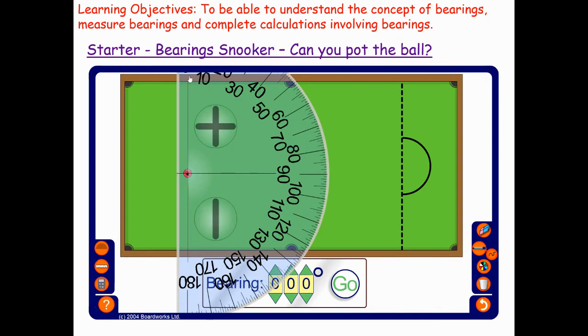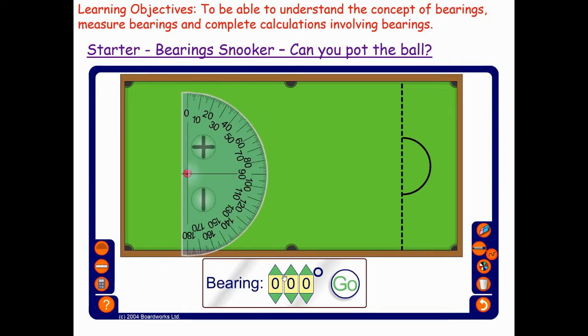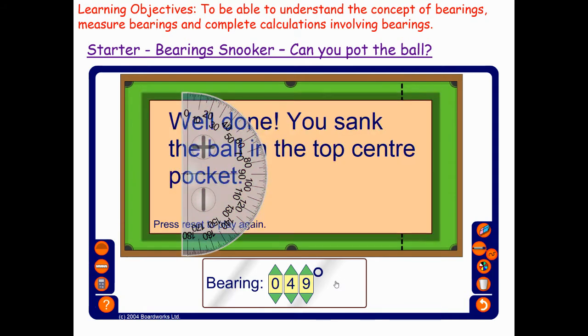So starting with 0 up there, I'm going to want about 49, let's say. So let's shrink this down again. Let's go. So I don't want anything in that first number, and let's make that 49 and see if we get it right. Straight in. Great. Okay, so that little bit of investigation work there teaches us a little bit about bearings.